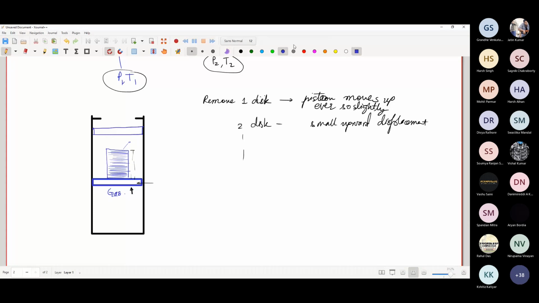Now, in yet another experiment, say you are not a very patient person. You just grab hold of all these discs. You just take them out in one go. What will happen? Maybe the inside pressure is so high that this piston will just fly off and hit the stops.